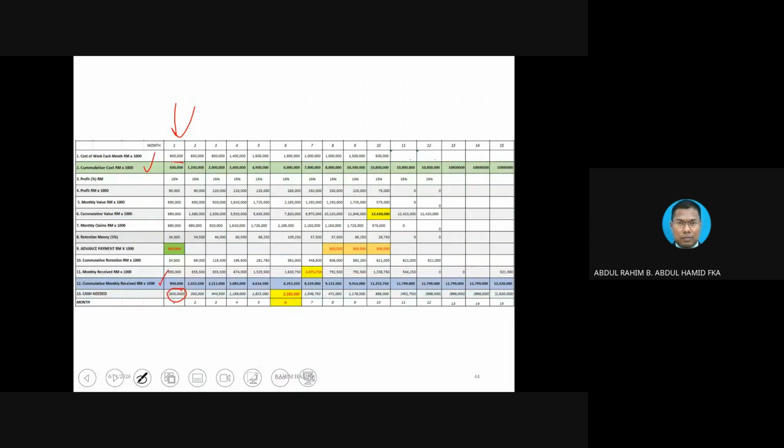Okay, I take 600, I minus on the first month here. And the first month, remember, I get 900,000 in my pocket already. So 600,000 minus 900 will be negative 300K. So this is what 300K is all about on the first month.